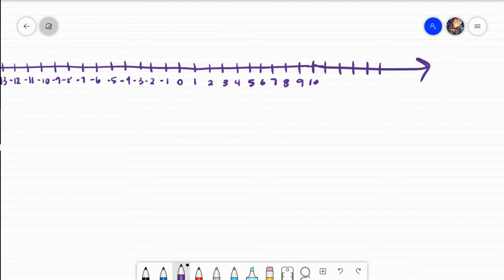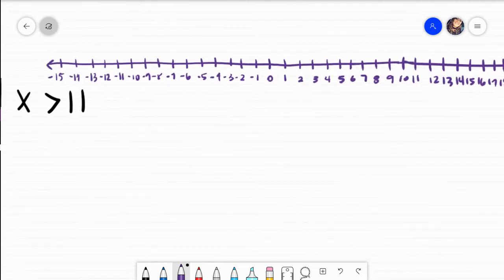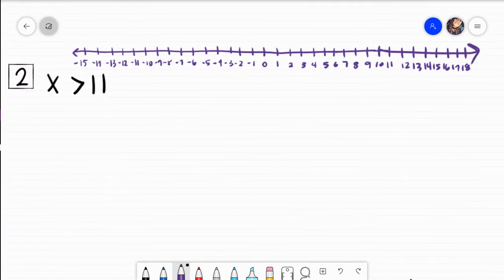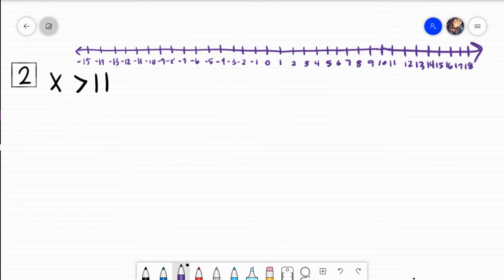11, 12, 13, 14, 15, 16, 17, 18. Okay, so it tells me that my x value can be all of the values greater than 11. Greater than means that the numbers are getting larger, which would mean they're going to fall on the right-hand side of that value.